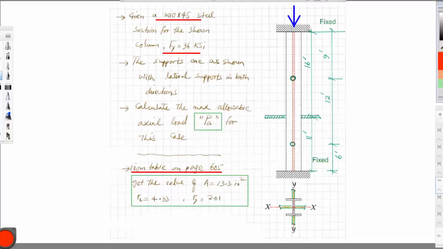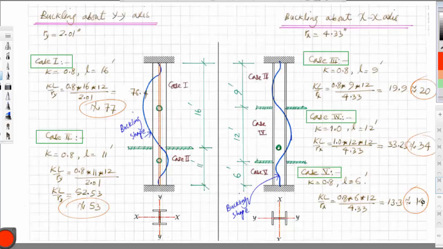Okay, so step number 1 is we need to do a study for buckling cases about YY and XX. Buckling study.